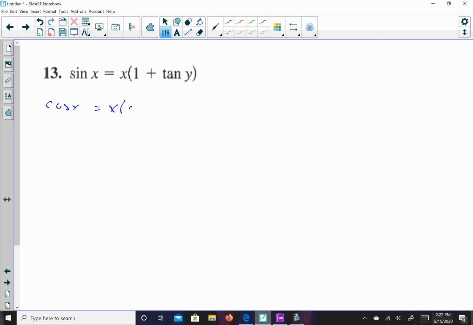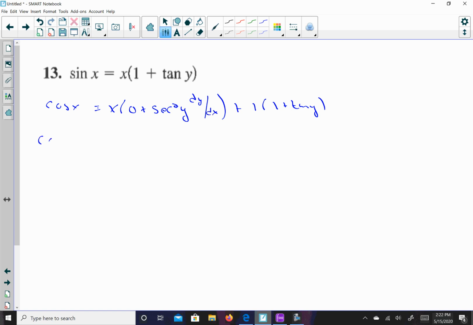The derivative of 1 is 0. The derivative of tangent is secant squared y, and then the derivative of y would be that dy/dx. Plus the derivative of x, which is 1, and then I'm leaving the second factor alone.